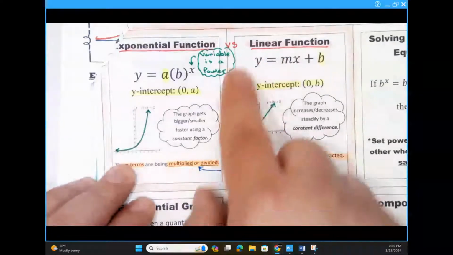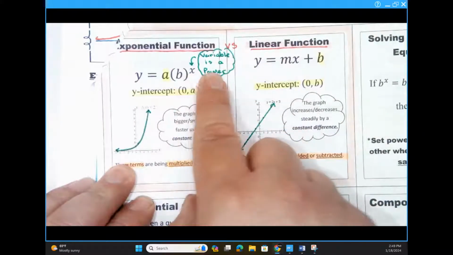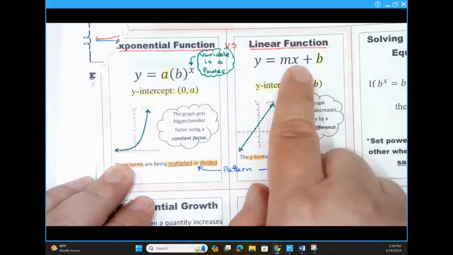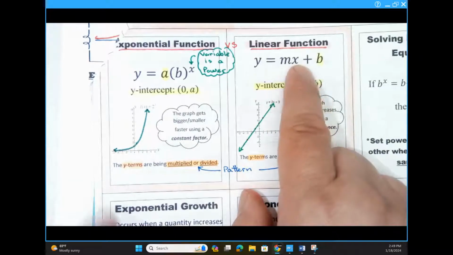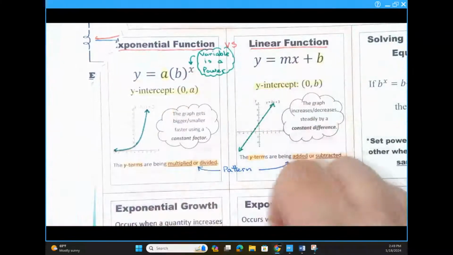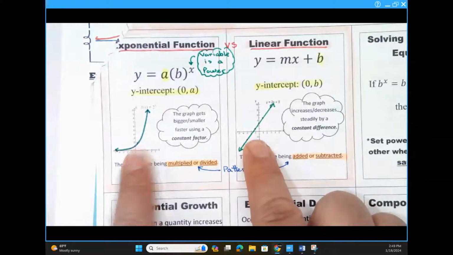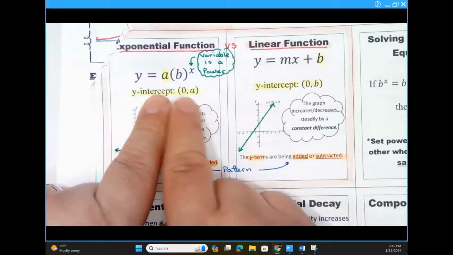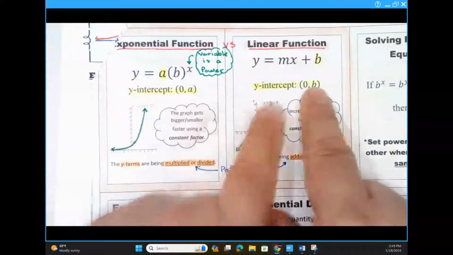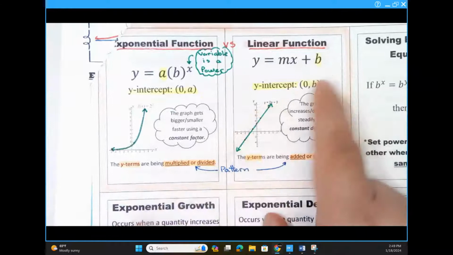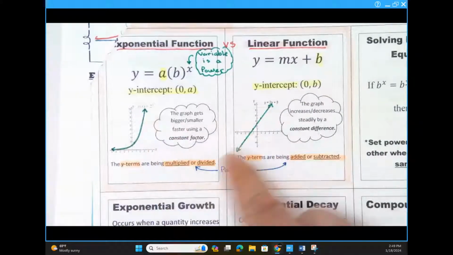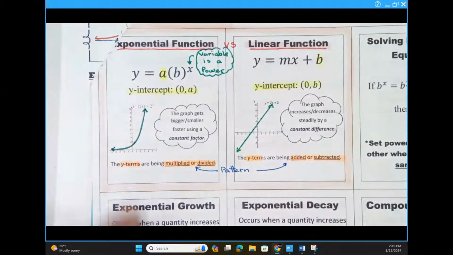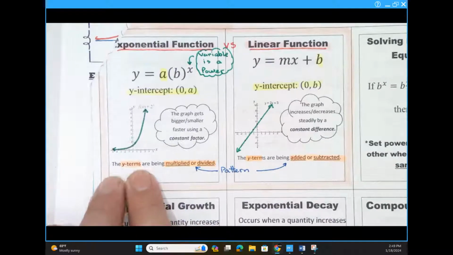It says the variable is a power. Well, not over here. The variable is just a regular old letter. It's not a power. So that's one thing we should tell them apart with. Look at the graphs. The y-intercept is your A, while over here the y-intercept was your B. This is a curve. This is a line. Very different. And then it says the y terms.